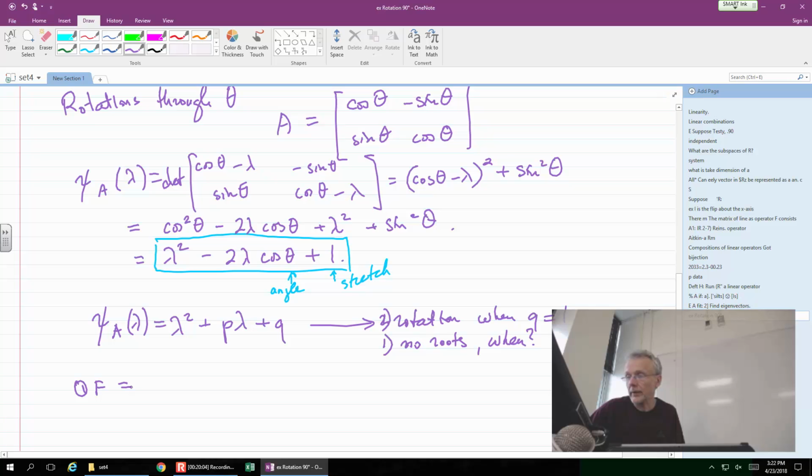Quadratic formula is negative p plus or minus square root of p squared minus 4q over 2. When this is negative, there is no root. But what is it called?